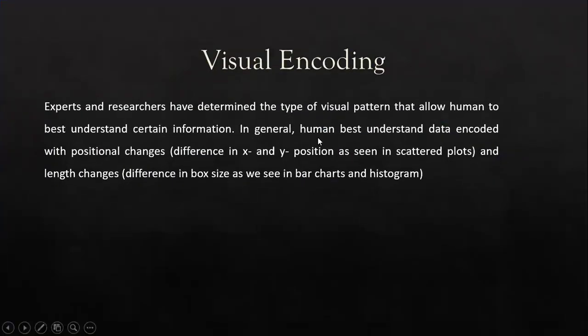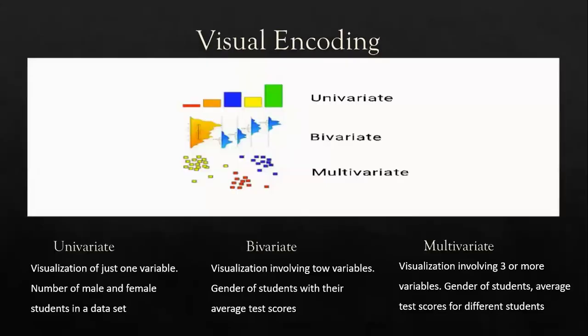Experts and researchers did their research many years ago, and they discovered that this is the best way to represent this information. Then visual encoding, I want to quickly talk about this, because this is now where your graph comes. This is where you select the kind of graph you use through visual encoding. So we have the univariate visual encoding, the bivariate visual encoding, and the multivariate visual encoding.